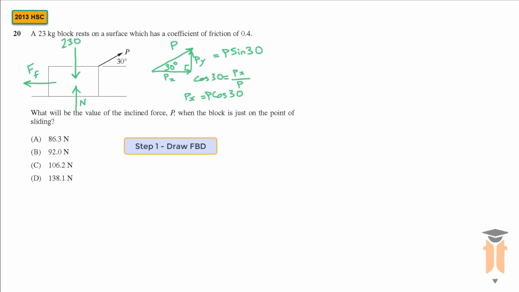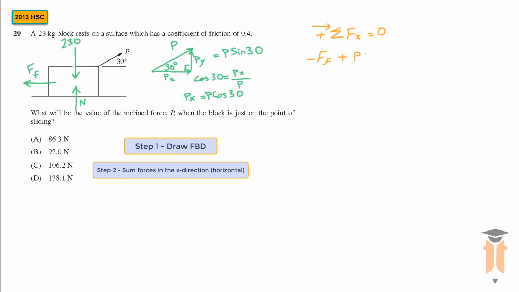Okay, now that I've got that, I can now use my two key equations. Sum of forces in the x direction is equal to 0. I'm going to take the right as positive. So we've got the frictional force, which is acting towards the left, so it's negative frictional force, plus P cos 30, since it's acting towards the right, and that's equal to 0.